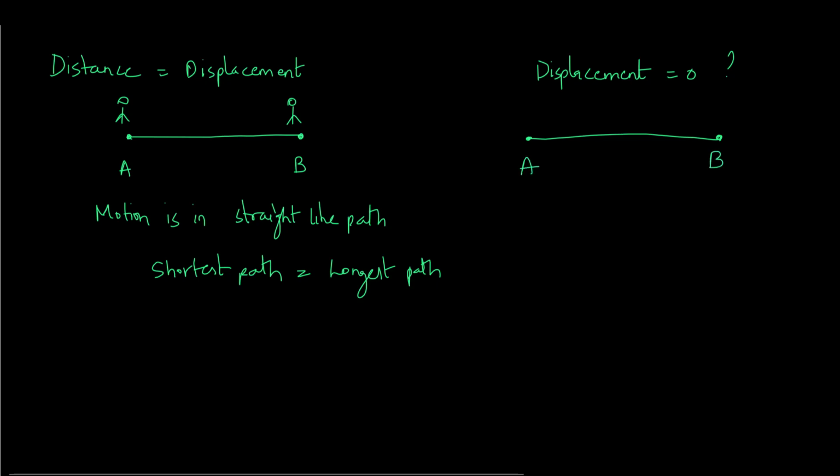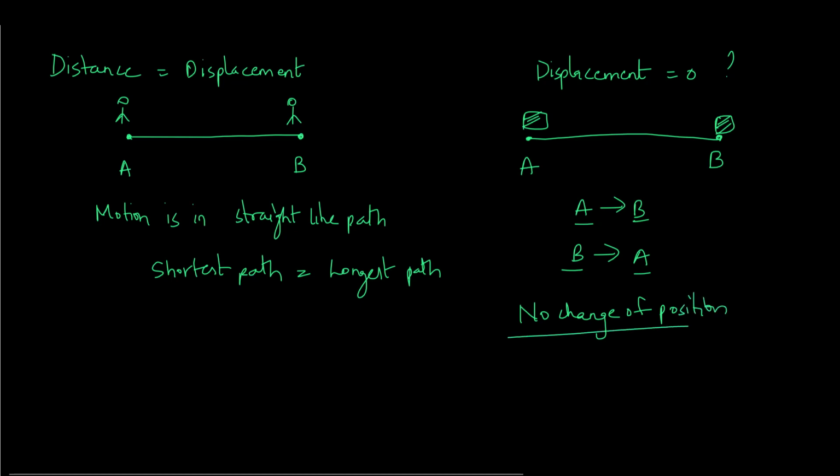If you have moved from position A to B and again come back to A, if this is our object which has to move from position A to position B, again from B to A, then I say there is no displacement. If there is no change of position, we say displacement is always equal to 0.